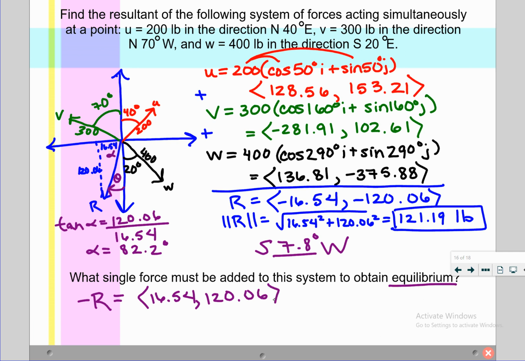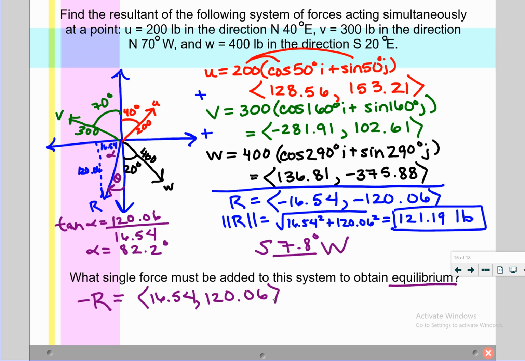And then you could find the magnitude of that on its own. That's in quadrant 1. The magnitude is actually the exact same thing, 121.19 pounds. And the direction is the same direction, but the opposite way. So it's 7.8 degrees northeast, if you calculate it, instead of southwest.